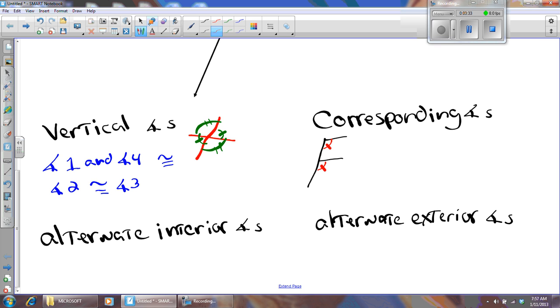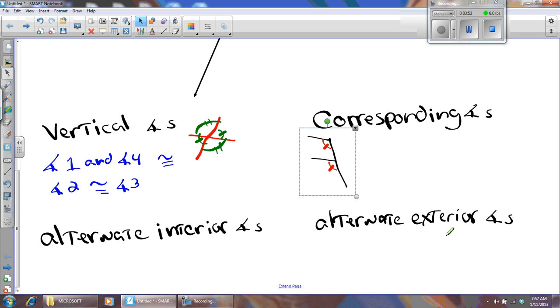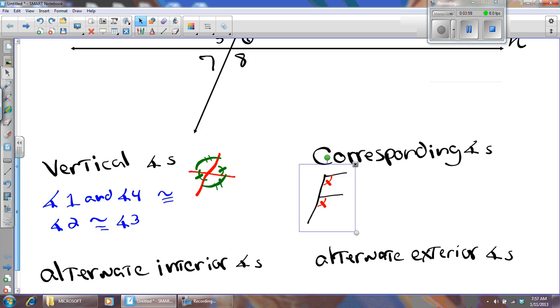And just like the vertical angles, the F can be oriented lots of different ways. It could be laying on its back. It could be upside down and backwards. It could actually be flipped like that. Okay?